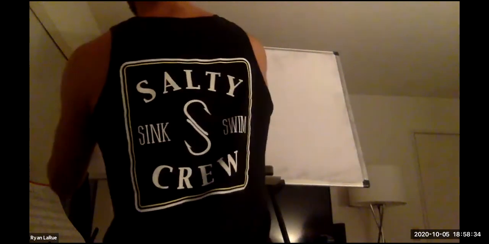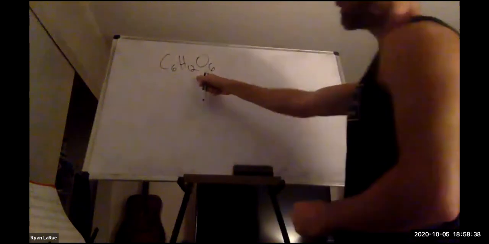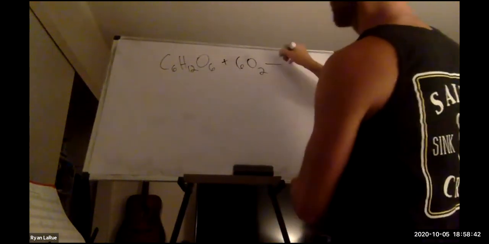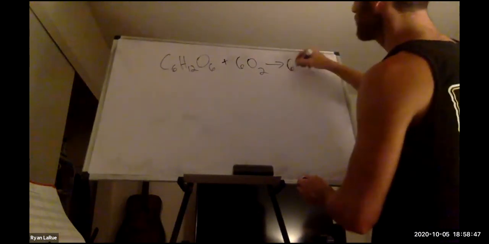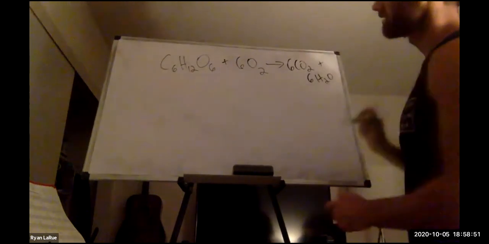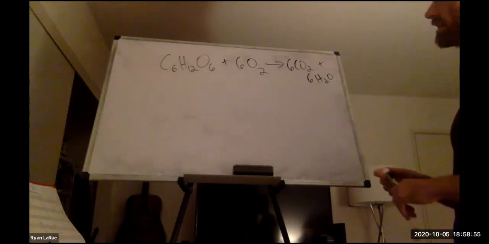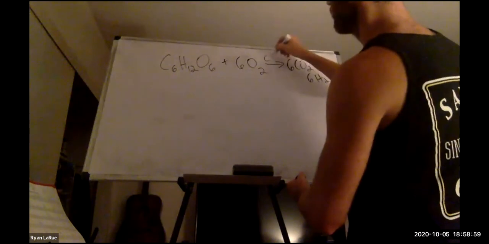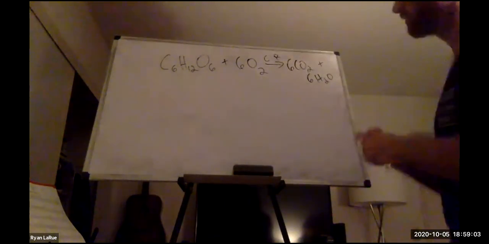We have glucose that we start with, plus 6 oxygen molecules, and they turn into 6 CO2 molecules and 6 water molecules. That's cellular respiration. And then photosynthesis: if this is cellular respiration, photosynthesis is the reverse.